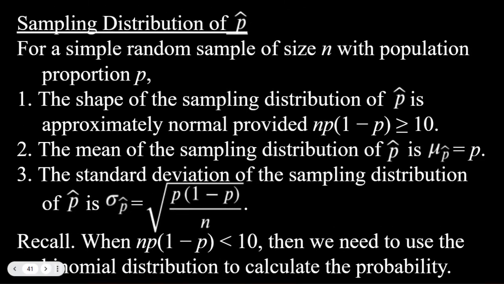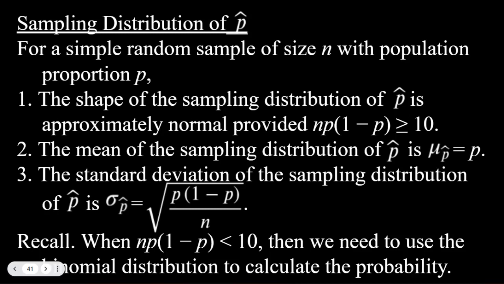For a simple random sample of size n with a population proportion of p, number one, the shape of the sampling distribution of p hat is approximately normal, provided that n times p times 1 minus p is greater than or equal to 10. So remember what that means. Your sample size times the proportion of individuals in your population that have a certain characteristic.